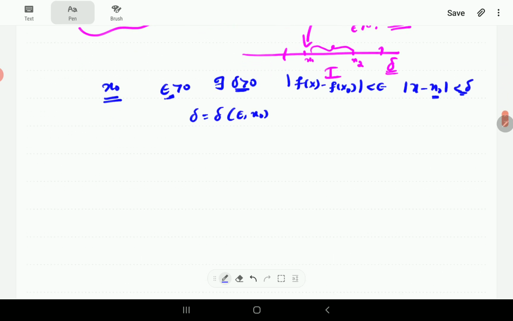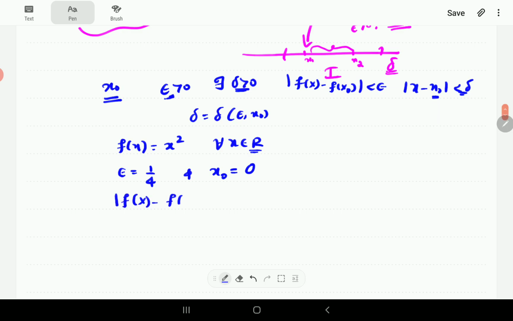So for example, let me take a function f of x equal to x square, where x comes from the real line. Let me take epsilon as 1 by 4, which is greater than 0, and let me take my point x naught as 0. Then f of x is x square and f of x naught is 0 square, which is 0.